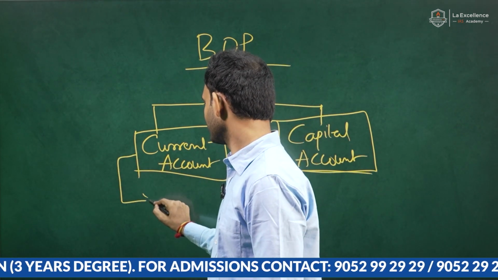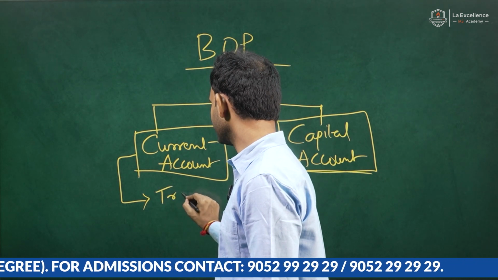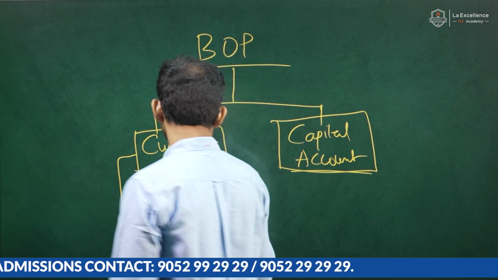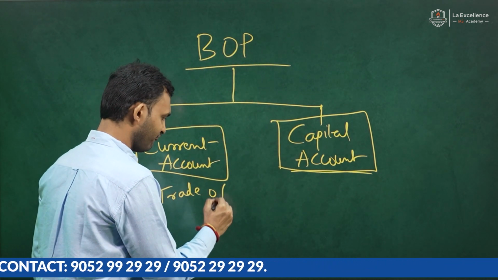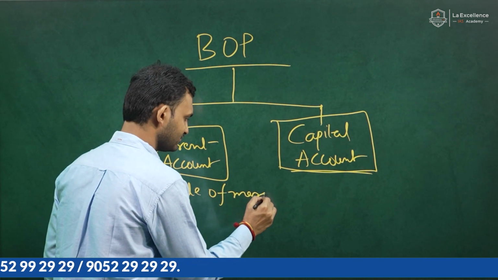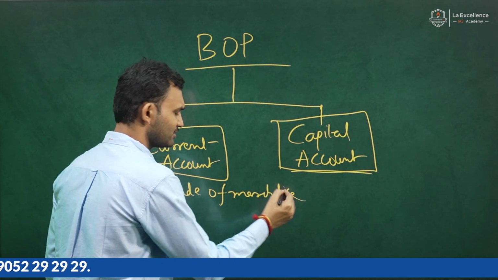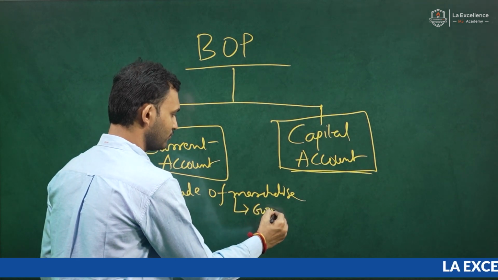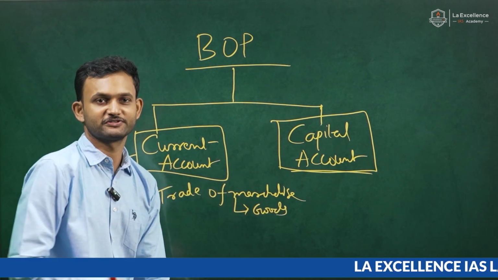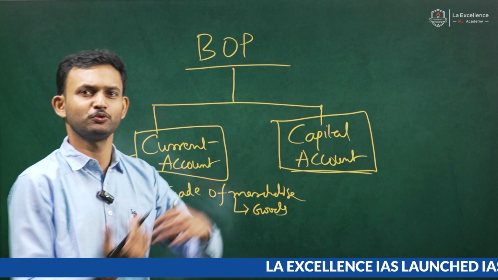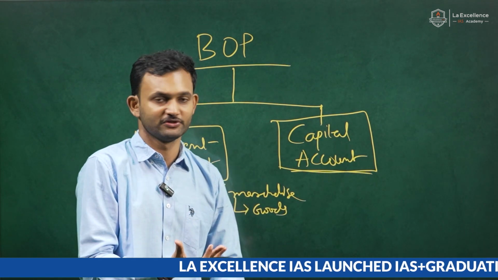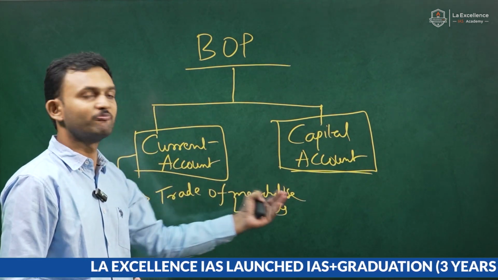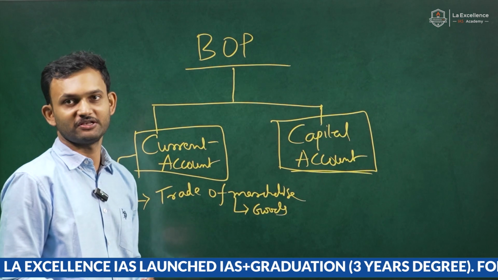So it's about trade of merchandise. When I say merchandise, it's about goods, any kind of good, and these are visible things. Any good you ship to another country is visible, right? So when it's visible, the trade of merchandise is pretty clear.